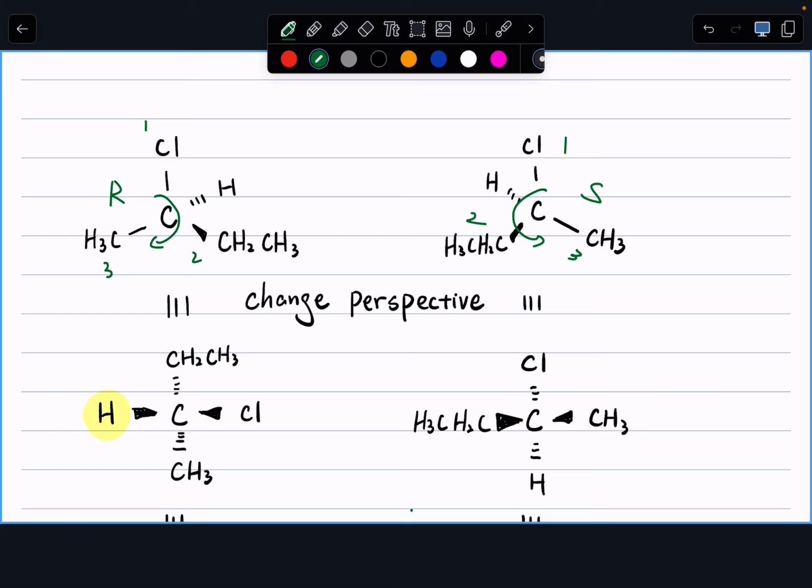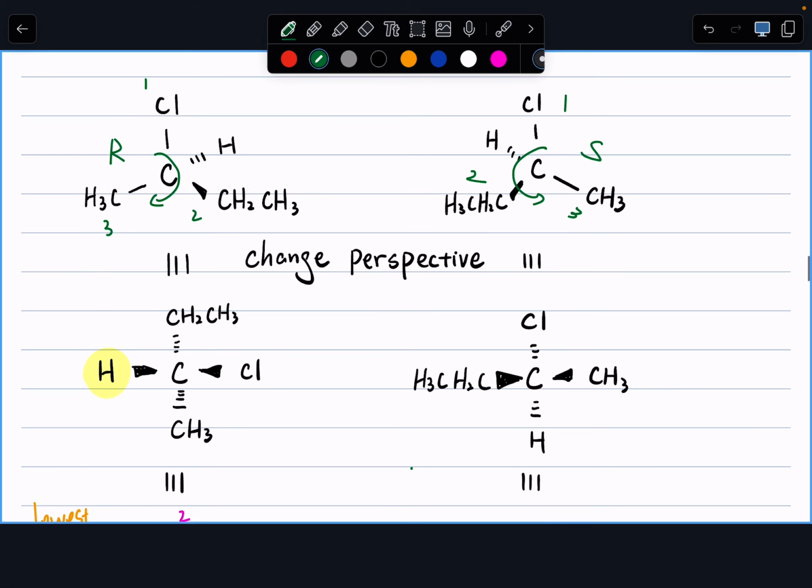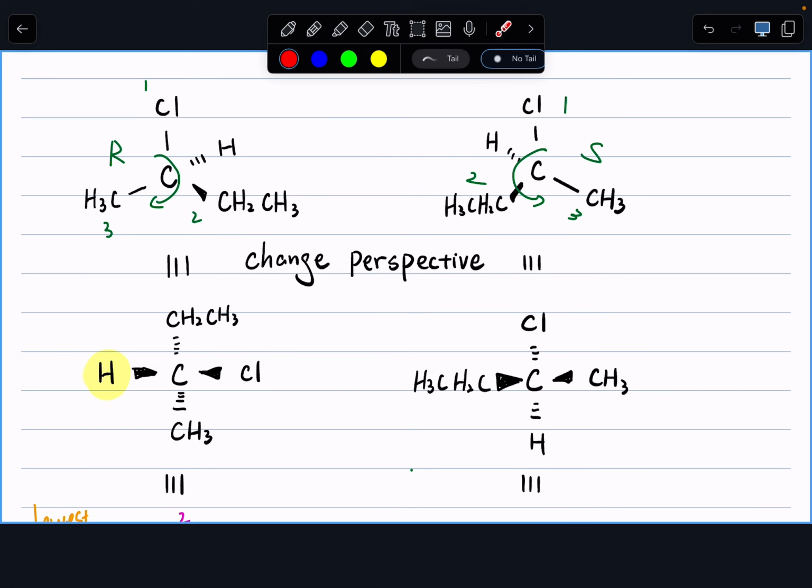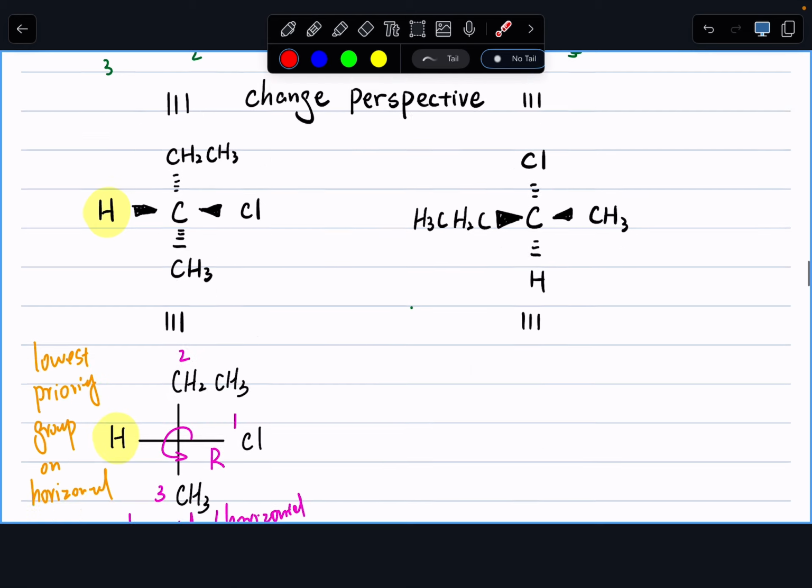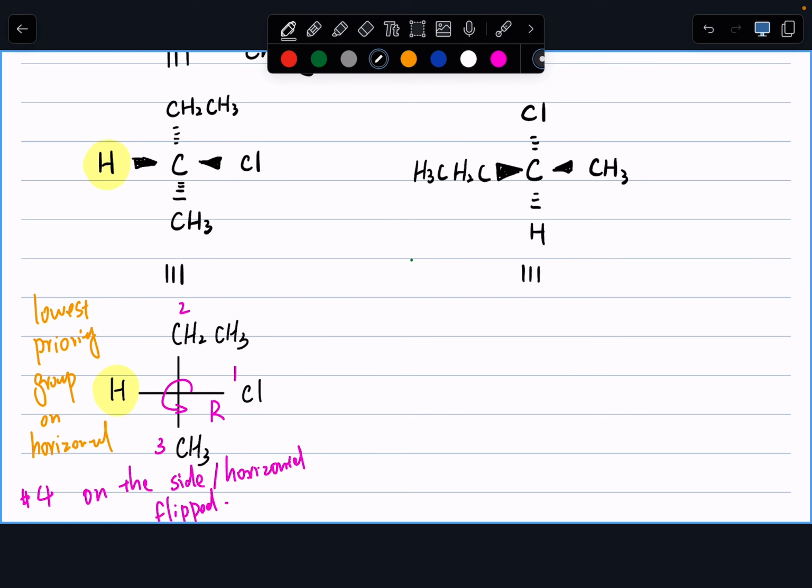And changing the perspective, this is what we look like when we look at it from a different perspective. So now you're putting the chlorine and the hydrogen on vertical as dashed in, and on the horizontal, these are wedged out. On Fisher projection, we draw it out as Cl, and on the bottom, that's hydrogen.